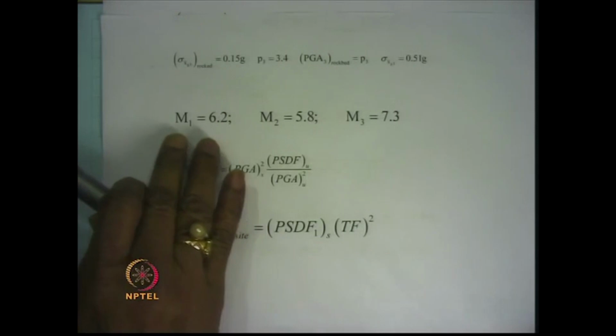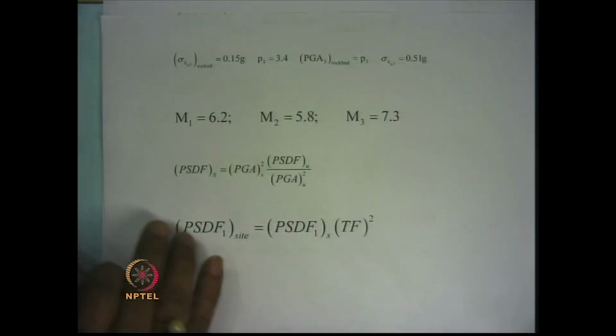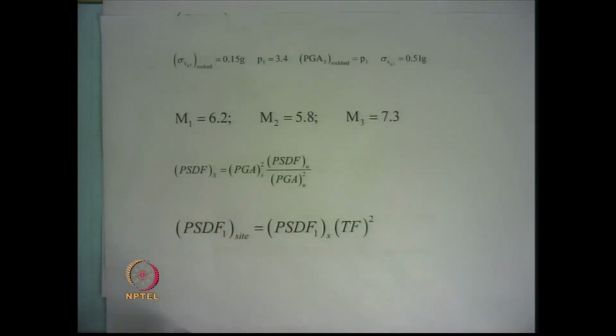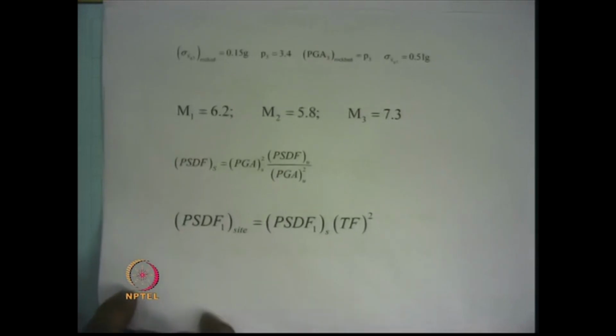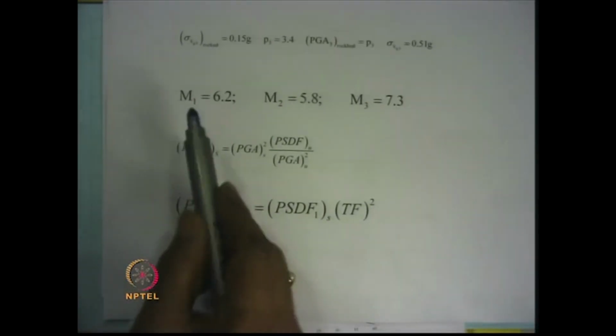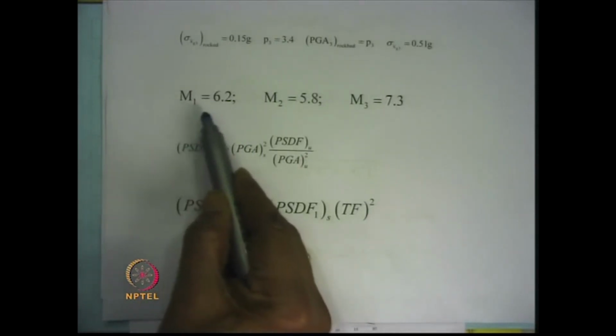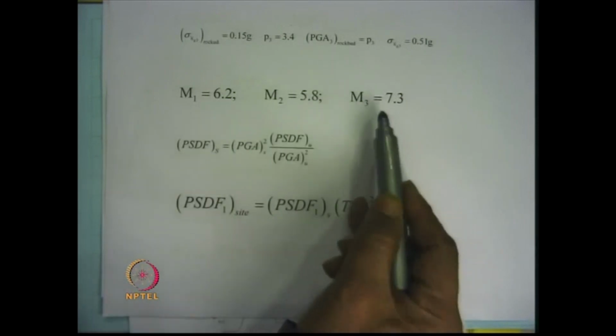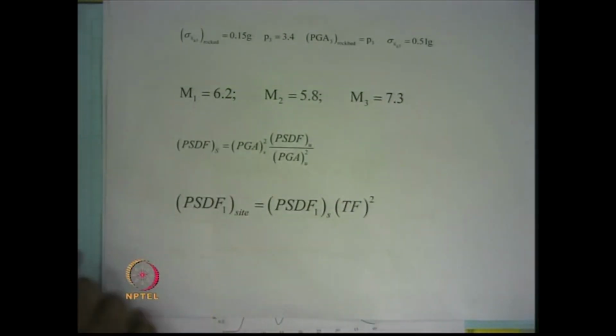So, these magnitudes for the 3 sites for which the ground motion power spectral density functions were available are now calculated. That is, M1 is equal to 6.2, M2 was found to be 5.8, and M3 was found to be 7.3.